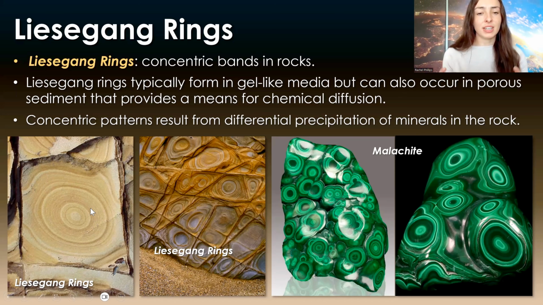Typically iron gives us red staining, red or orange, so that's kind of why I think maybe these orange rings formed, and then the more tan ones and then the more orange ones was probably diffusion of iron and other elements. And then here in malachite we can see these rings with maybe more copper, and then less copper, and whatever else is contributing to those light and dark green rings in malachite.